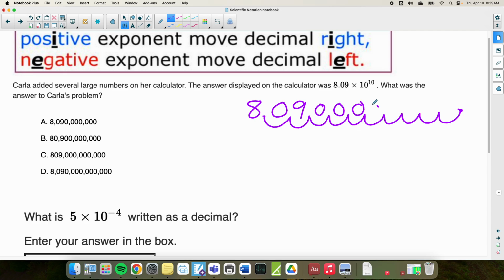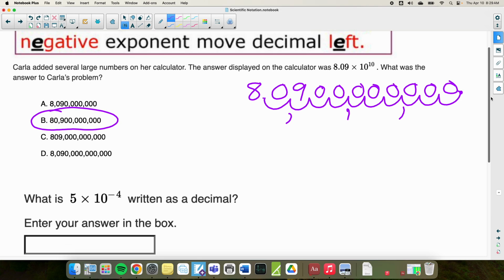So I'm essentially just adding 8 zeros there. So it's going to be 80,900,000,000. Okay. And if you were on the test and you wanted to make sure you got this right, you could put it in scientific notation and make sure it's that, if you wanted to check it.